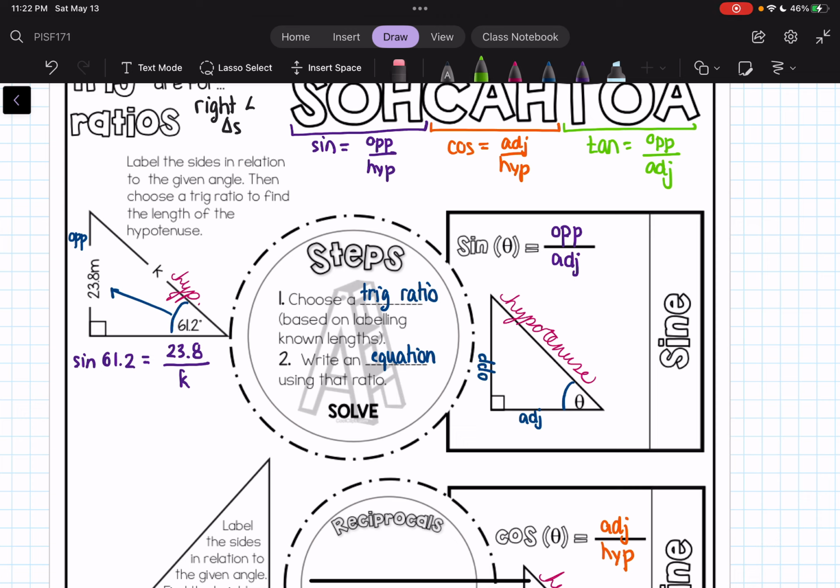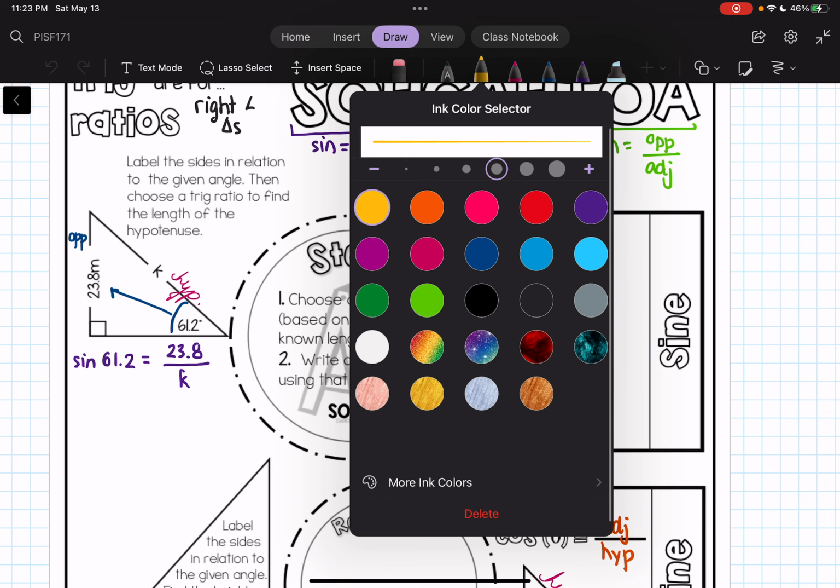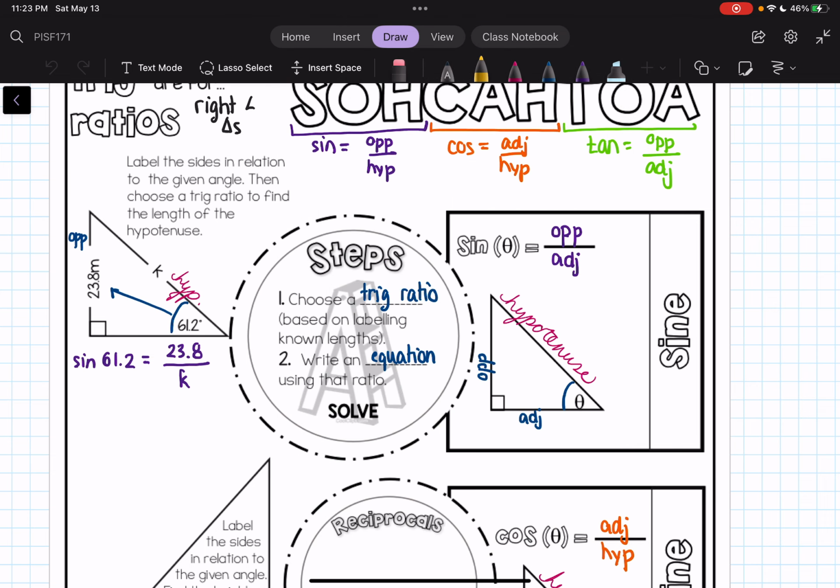But now we are solving a linear equation, right? So what's going to happen? Well, k has to first get multiplied up so it's no longer in the denominator. So we're going to start with k times.